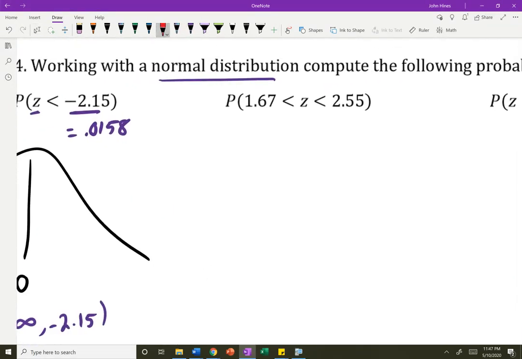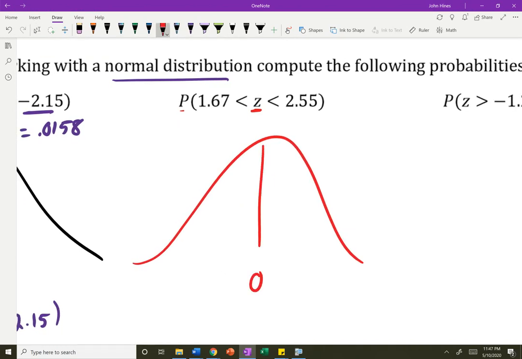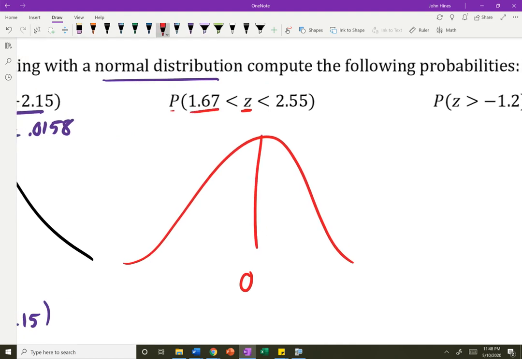Well, let's look at this next probability. What is the probability that my z-score is trapped between these two numbers? So let's draw a picture. My center is 0. I want to be between 1.67 standard deviations above the mean and 2.25. There's my lower, there's my upper.